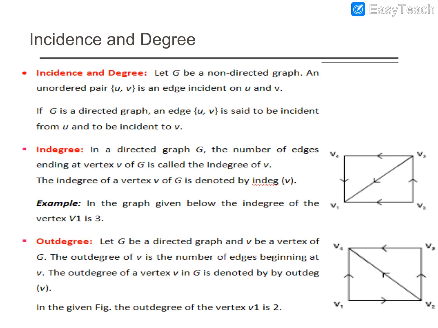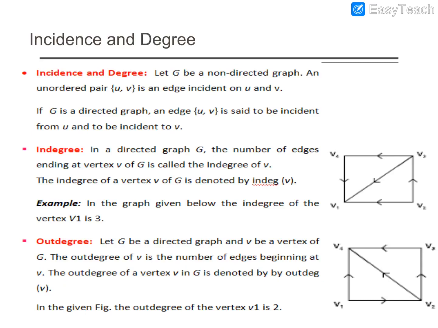Similarly, out degree. Let G be a directed graph and V be a vertex of G. The out degree of V is the number of edges beginning at V. The out degree of vertex V in G is denoted by outdeg(V).